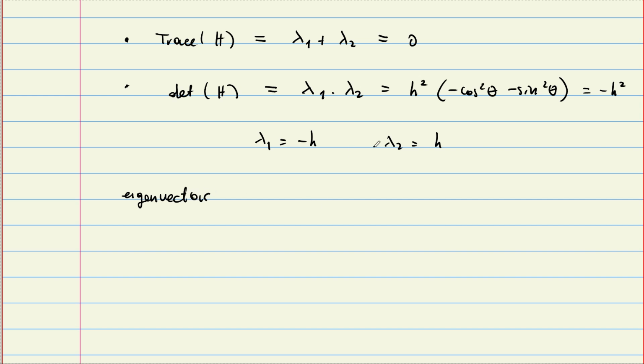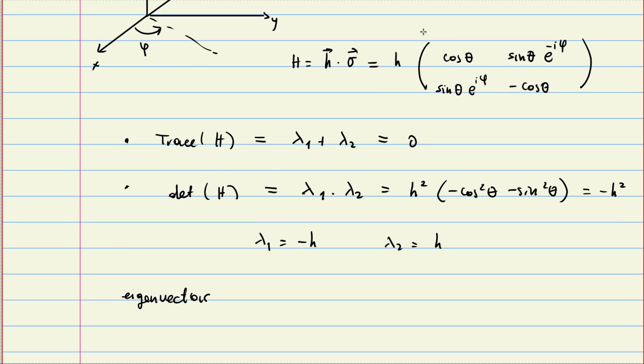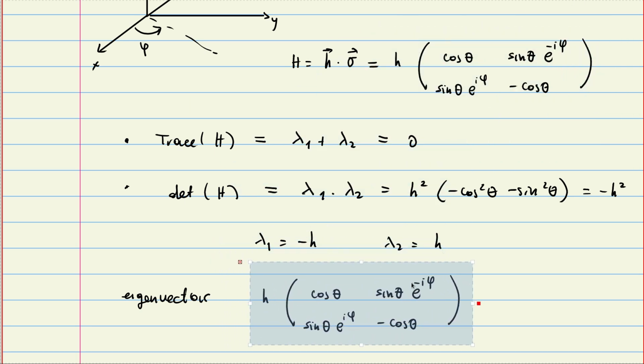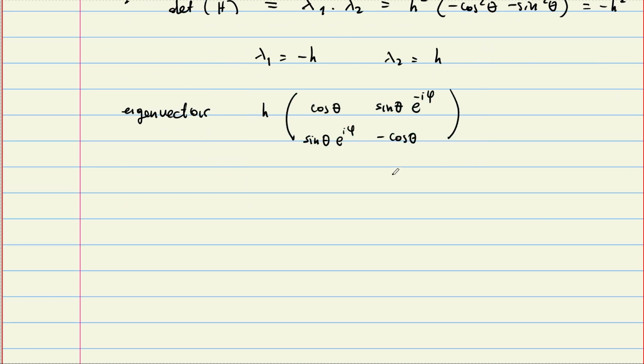Eigenvectors. So this thing, let me just copy. I want to focus on lambda equal to minus H, this smaller eigenvalue.